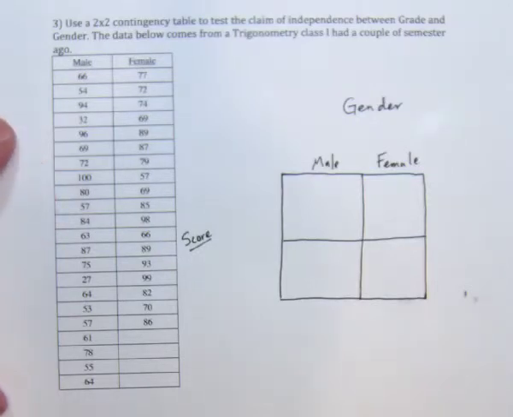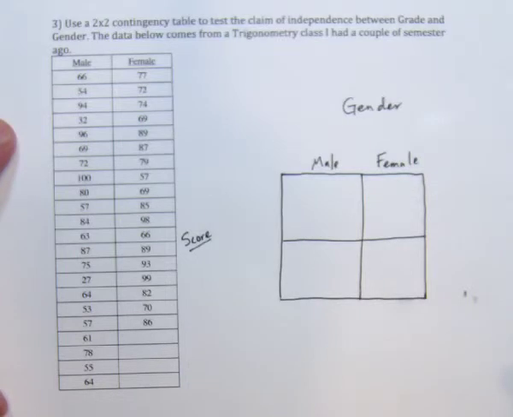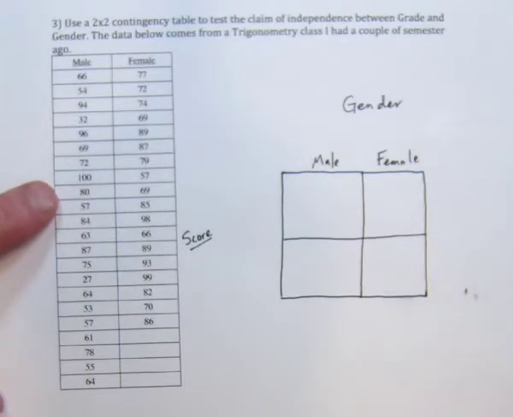I think it was exam 3. Anyway, so now I have to decide how to divide that. So you could look through the scores and try to guess what the average is and have that as a dividing point. Or you could pick something that you say, well, passing the class and not passing the class, that's sort of an important thing.